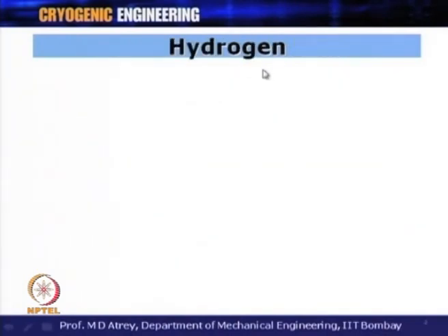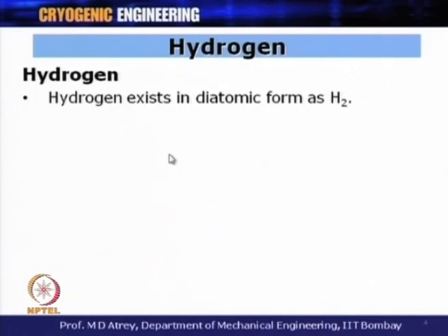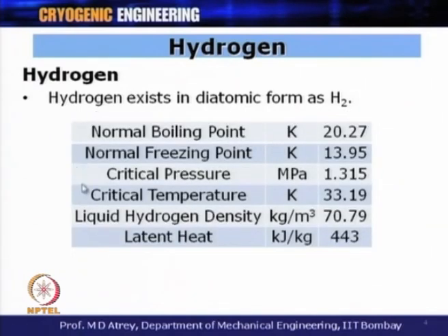Let us go up to hydrogen, which has its boiling point of 20 Kelvin. Hydrogen exists in diatomic form as H2, everybody knows about this, and these are the normal properties of hydrogen gas. What are its properties? It has a normal boiling point of 20.27 Kelvin at 1 bar, 1 atmosphere. It has a normal freezing point of 13.95 Kelvin.